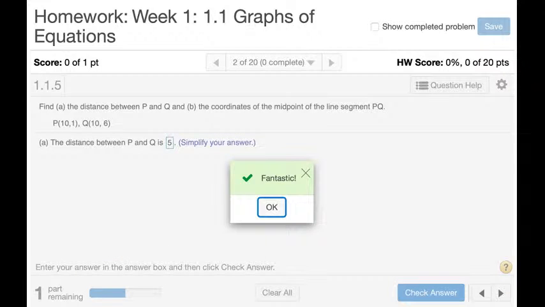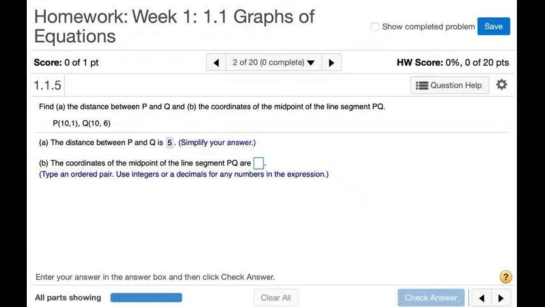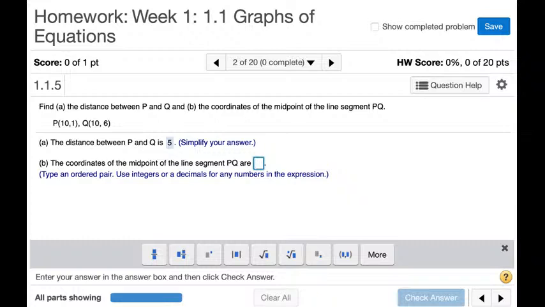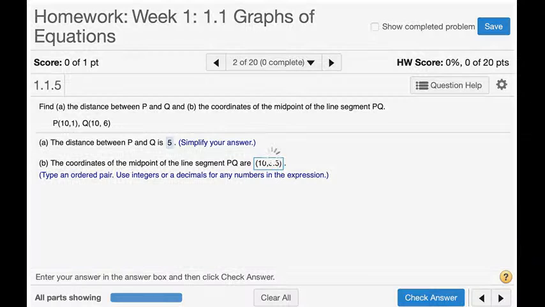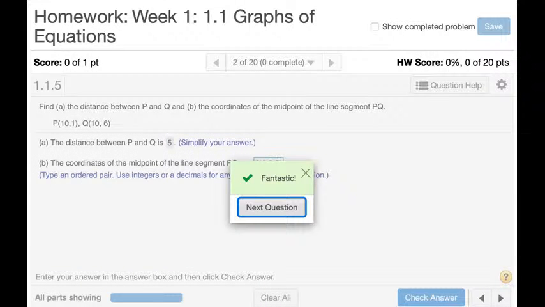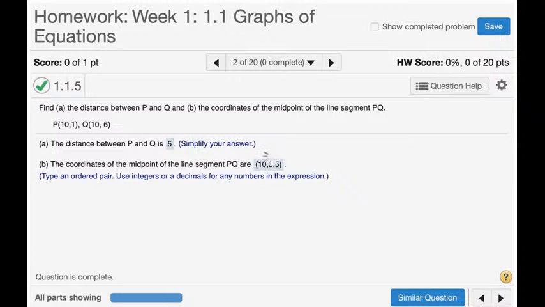Coordinates of the midpoint, 10 and 7/2 decimals. 10. Okay. Let's do 10, comma 3.5. Okay. I just did the same thing that you saw me just do a moment ago. I just did it a little faster. I did it in my head for that since we were just coming back. For some reason, my computer wants to move slow.